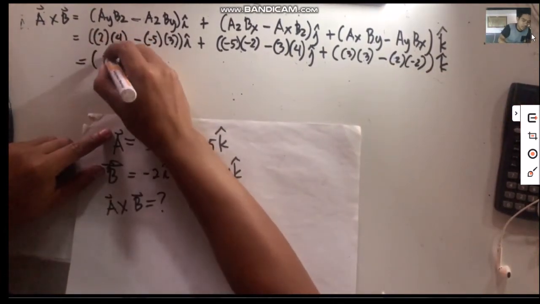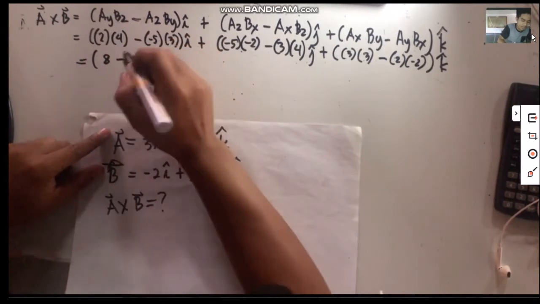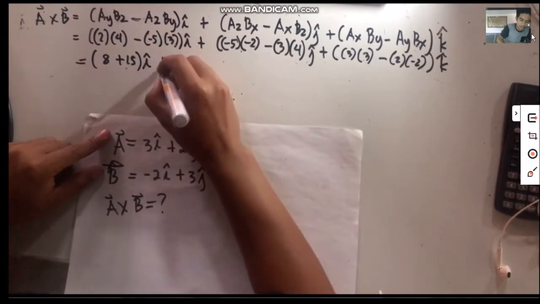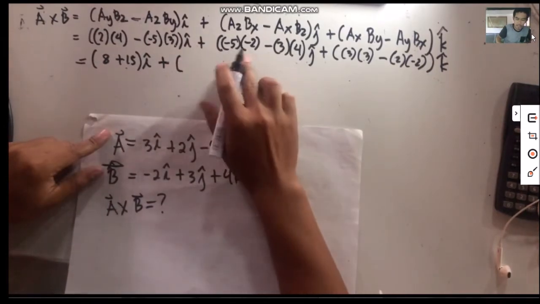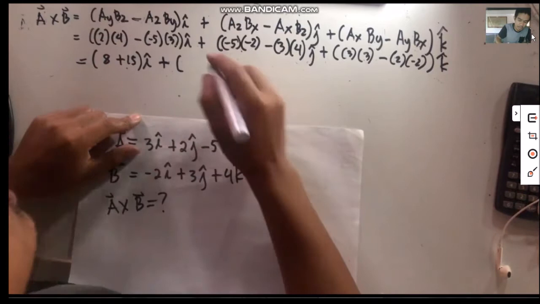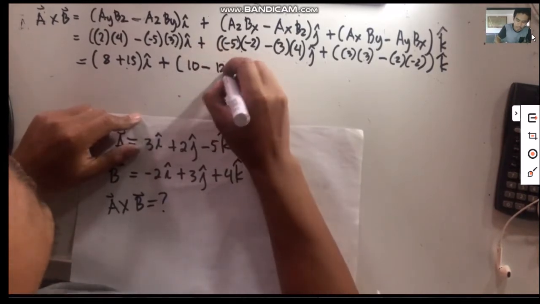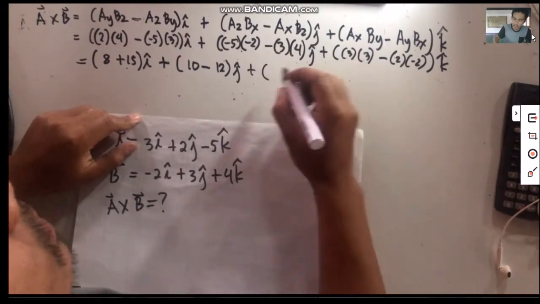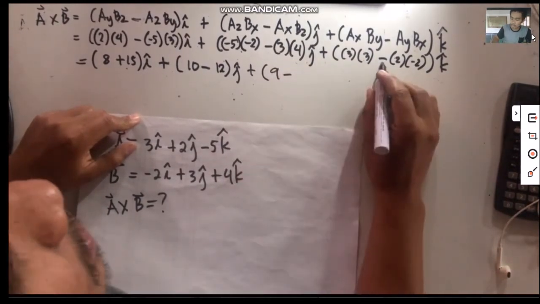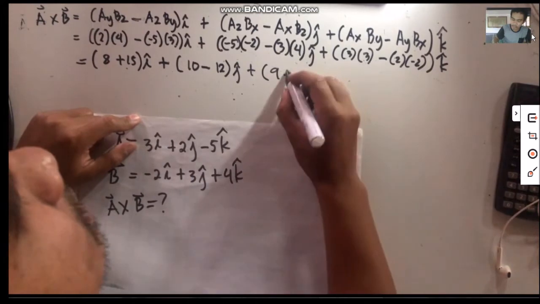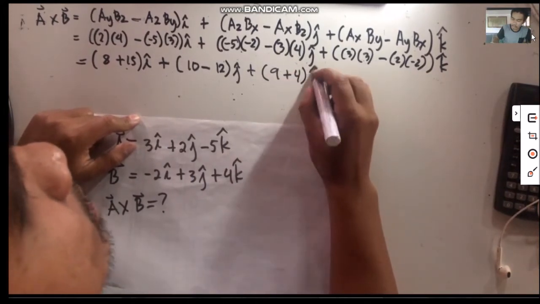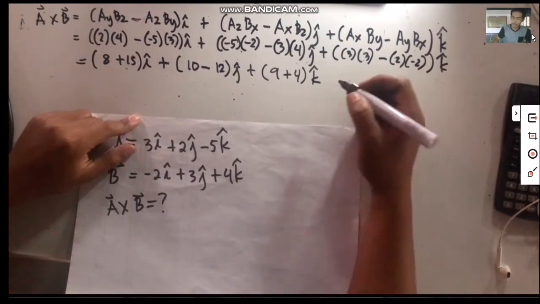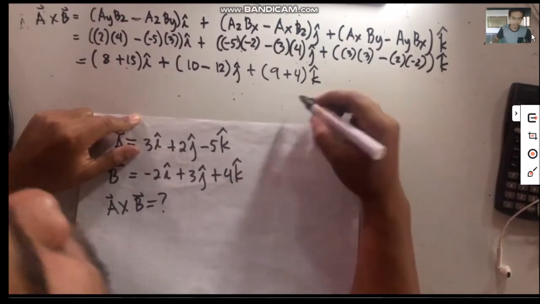So this is 8 plus 15 i hat, then plus, what is negative 5 times negative 2, that's 10, minus 12 j hat, plus 3 times 3 is 9, minus, that's plus 4 k hat. 2 times negative 2 is negative 4 times negative, so positive 4.